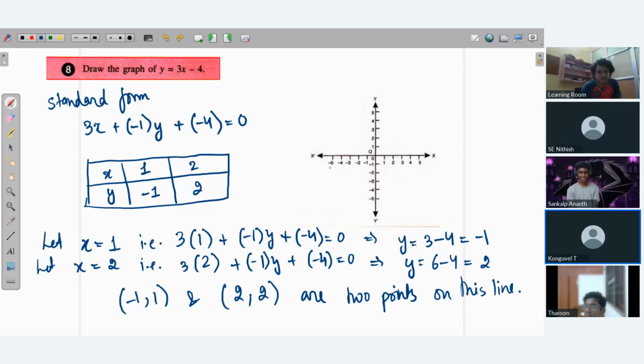You have to say it clearly. Sir, it's not 1 and -1, it is 1 and -1. I'm just saying x is 1, so y is -1. I took it with 1. Simple. 2, 2. Why is this?